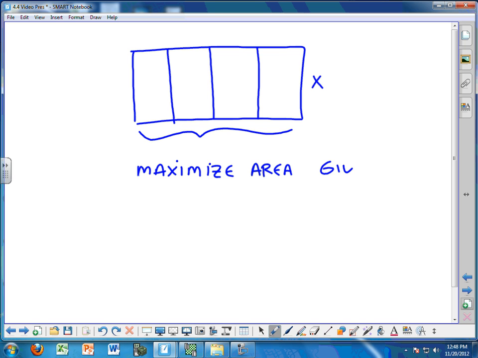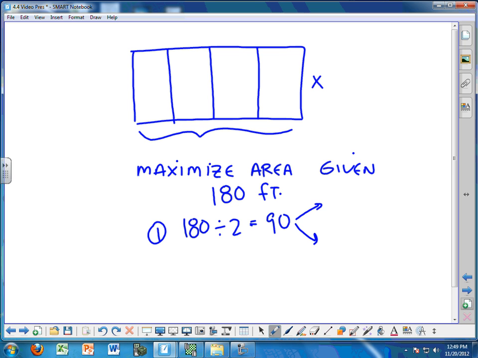Given, and then you can make up any number you want, 180, I'll just make that up. 180 feet of fencing. Well, first step is to take 180 and divide it by 2, and that gets us 90. And that means 90 and 90 are going to be split between the vertical, and I say vertical on our picture here, and the horizontal.